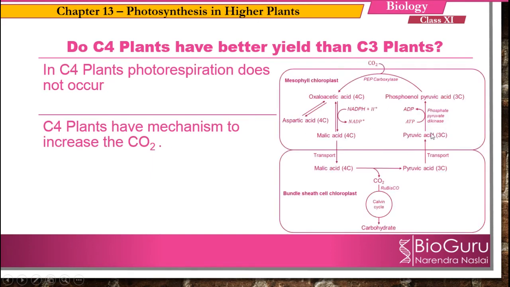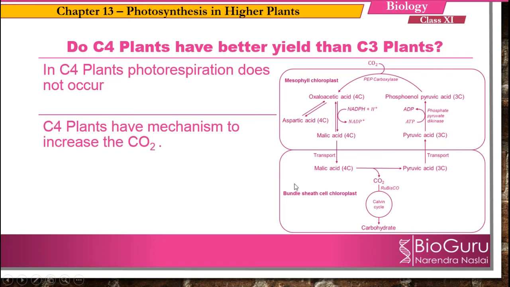We have studied this C4 cycle, right? Here in mesophyll cells, there is an absence of the Rubisco enzyme. Hence there is no question of oxygen binding with Rubisco. Rubisco is present only in the bundle sheath cells, and we know that the cell wall of bundle sheath cells is impermeable to gaseous exchange.